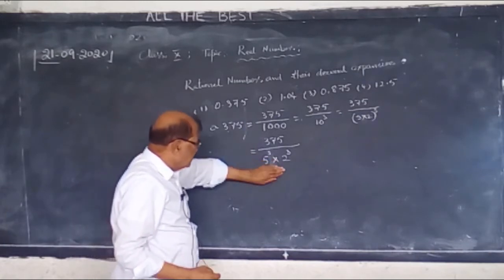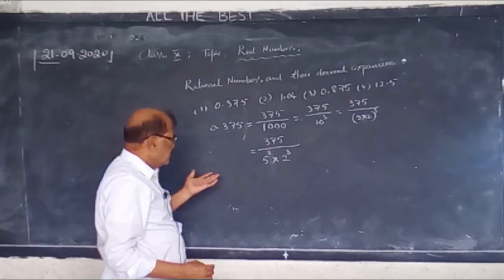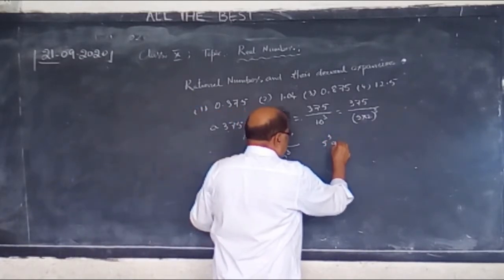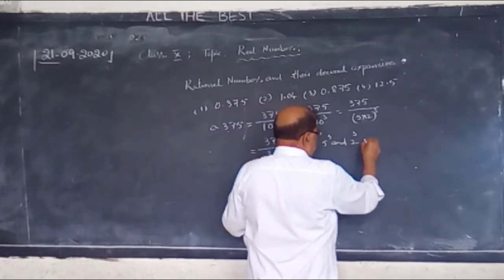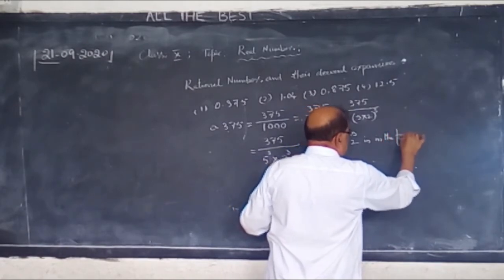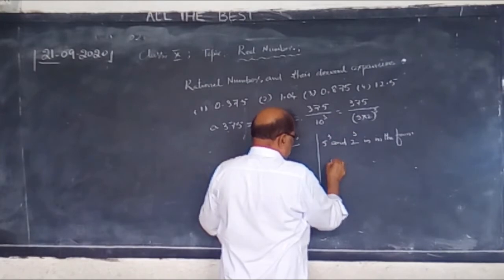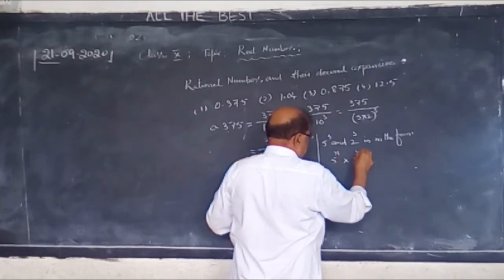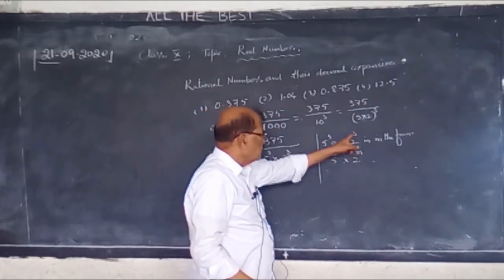If you observe the denominator, this 5 cube and 2 cube is in the form of 5 to the power of n into 2 to the power of n.